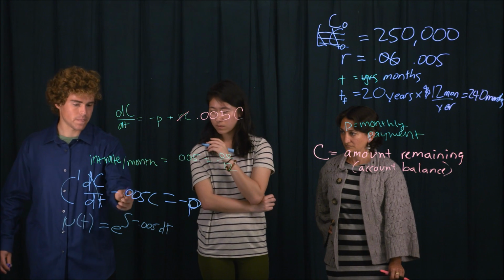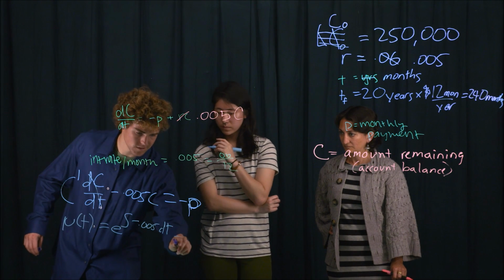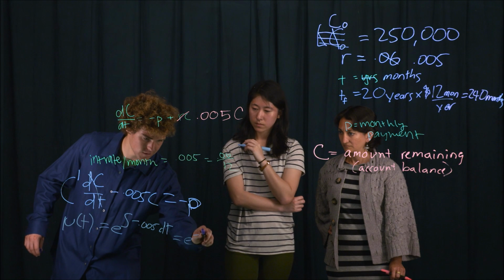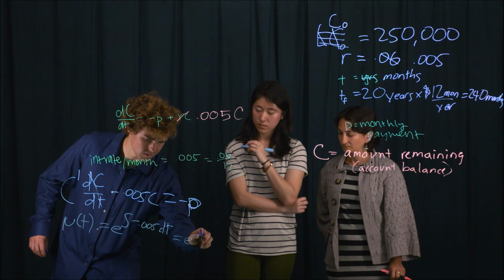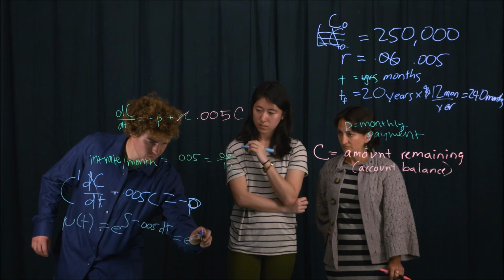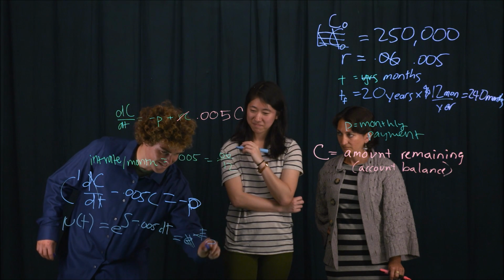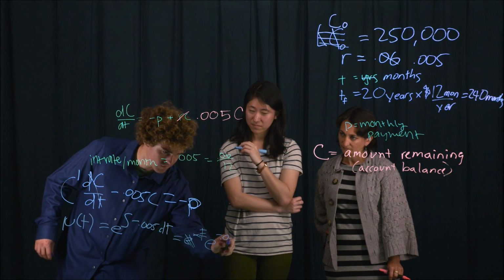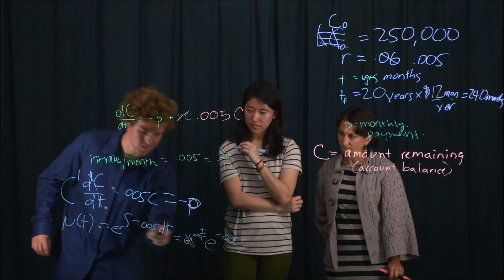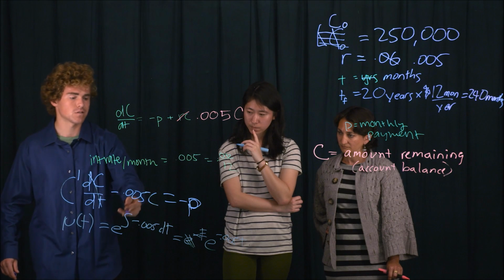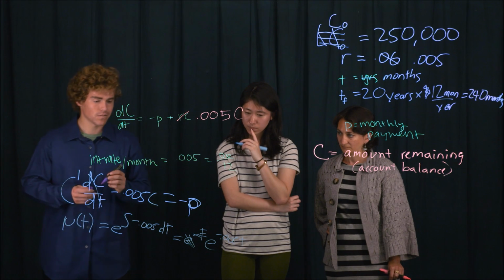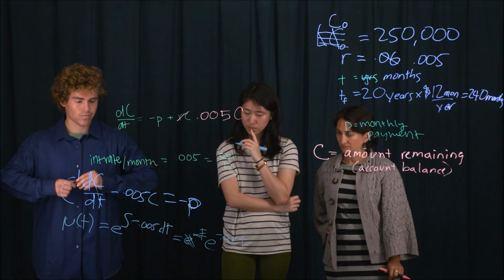Through integrating, it's going to be e to the negative 0.005t, since the integral of negative 0.005 is negative 0.005t. Okay, so that's your integrating factor. You're going to multiply it.